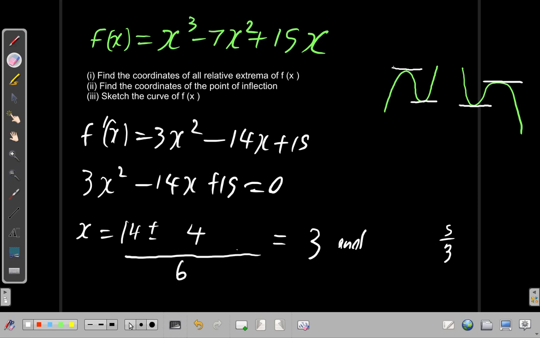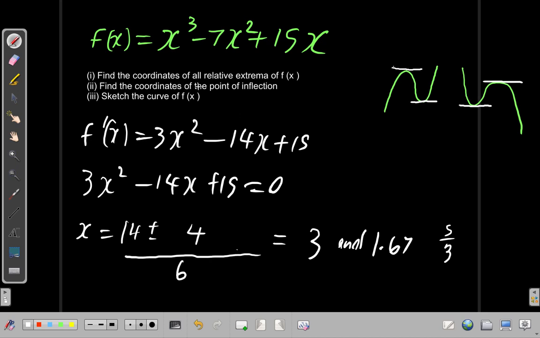So let's call it 1.67 to 3 significant figures. So you have 2 locations of x where the stationary points are, or the relative extrema are located.